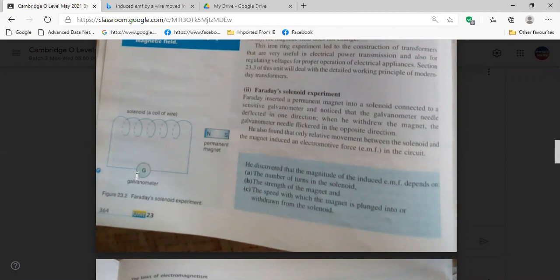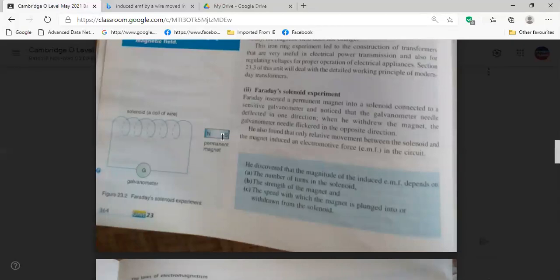So this is the galvanometer. And here we are getting the opposite of the previous diagram you did. In that diagram, you are moving the wire and the magnet was fixed.